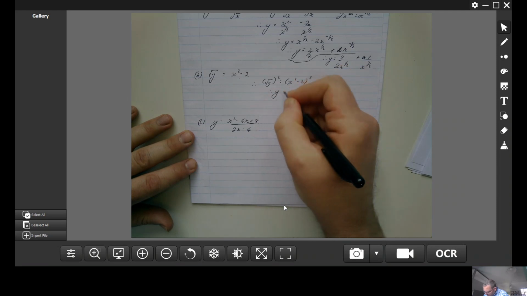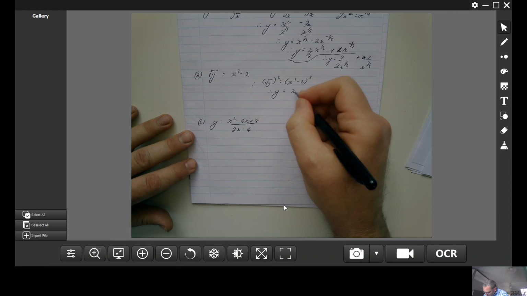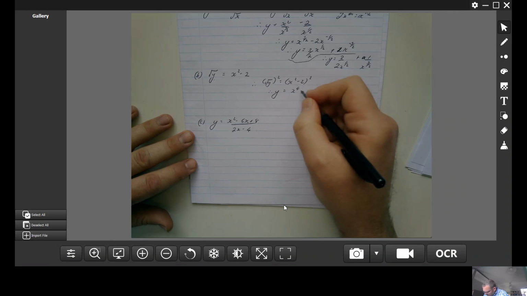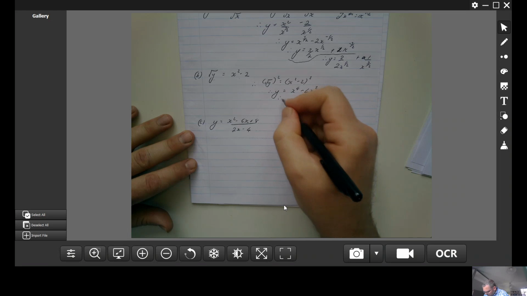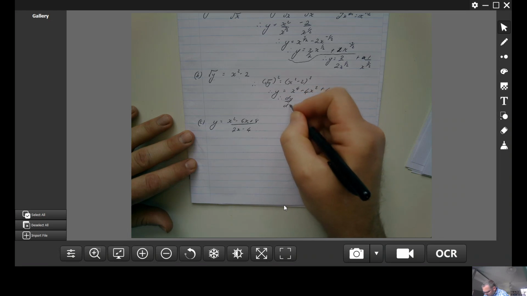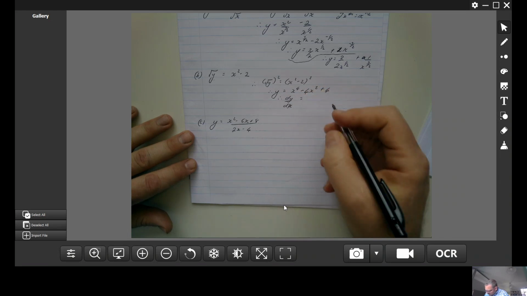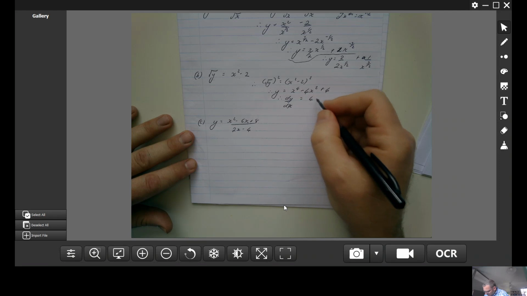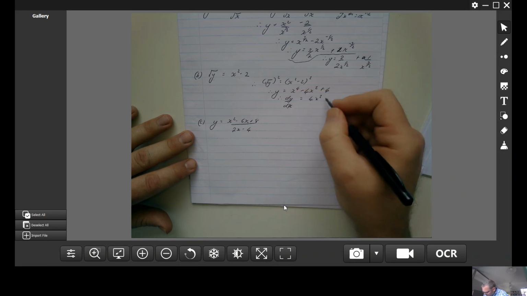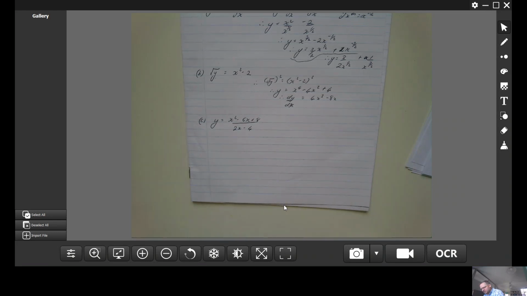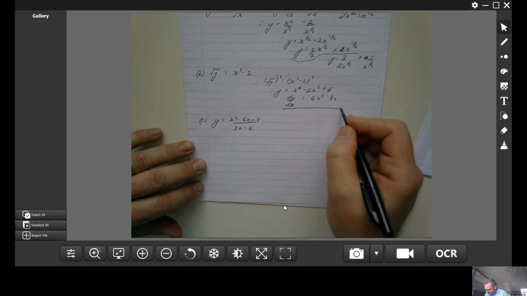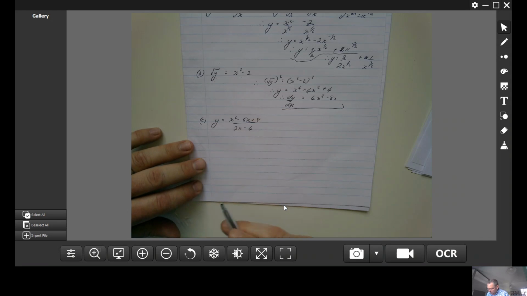And if you square that out, you get y is equal to x to the 4, times them together times by 2, minus 4x squared plus 4. So therefore dy dx is equal to 4x cubed minus 8x, and that's it, 4x cubed minus 8x. Okay, so always make sure you get y on its own.